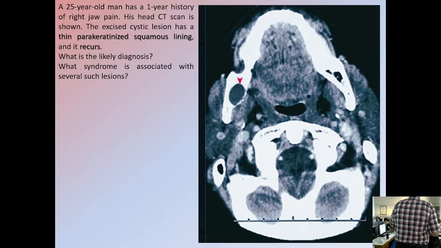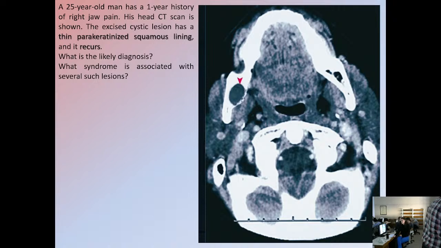That means it destroys tissues on a local level and needs to be widely excised because it may recur. However, it does not metastasize. So it is not a malignant lesion. It does not have metastatic potential. However, it has a potential to recur.